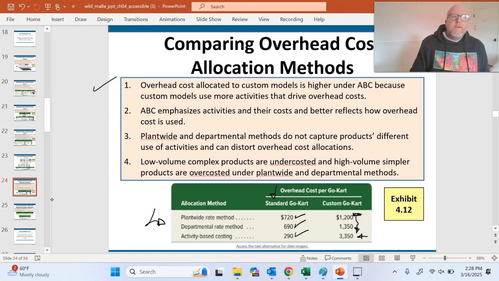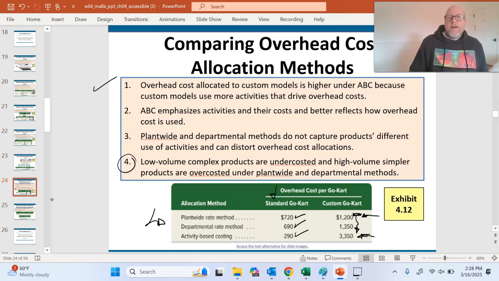So what we're saying is, look, when we're using a relatively easy approach to allocate, low volume products are undercosted. So we're saying, listen, if we don't produce a lot, like the go karts, and it's a highly complex process to make it, under the plant wide, we are undercosting. We're only saying it costs us 1,200 in overhead, whereas in reality it costs us 3,350.